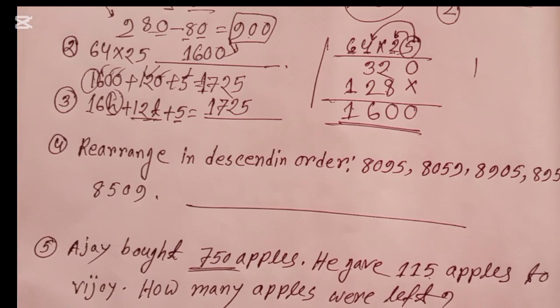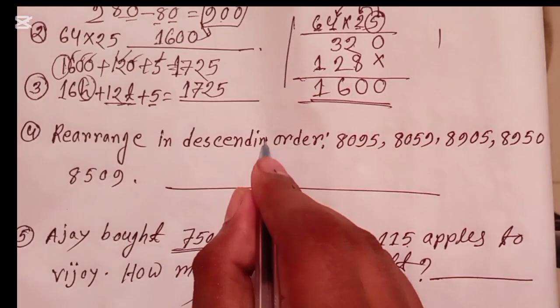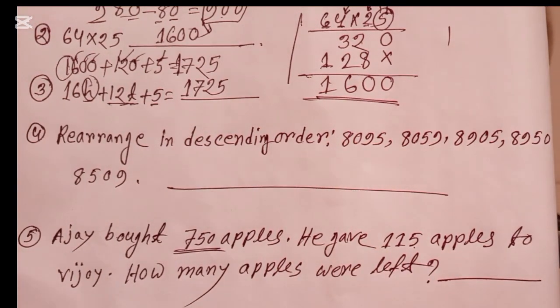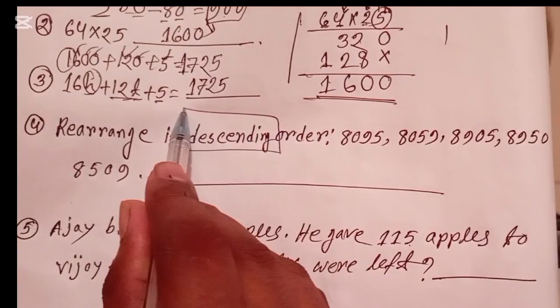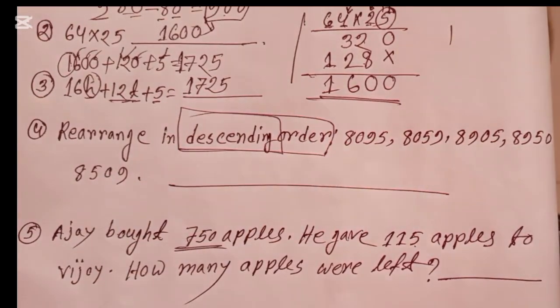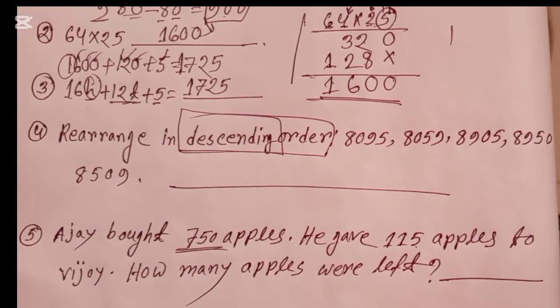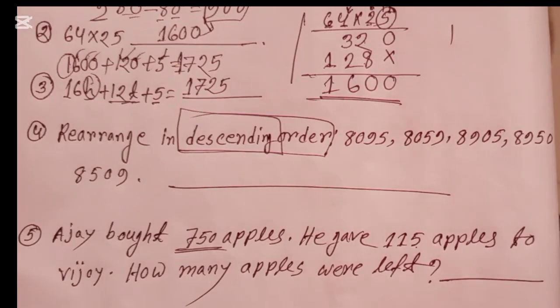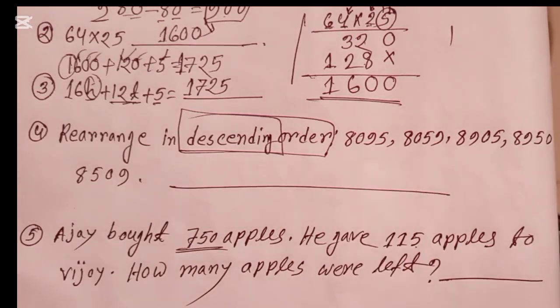Okay, the next question is to rearrange in descending order. First of all, we have to know what descending order is. Descending order means we have to arrange the numbers from bigger to smaller.